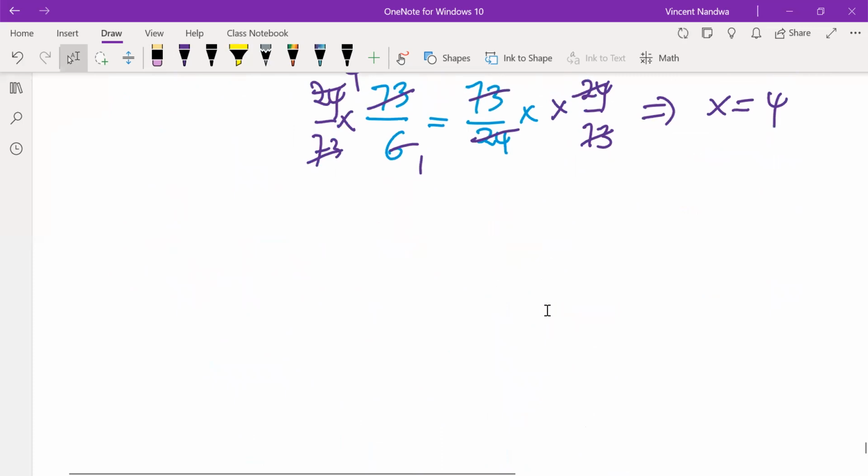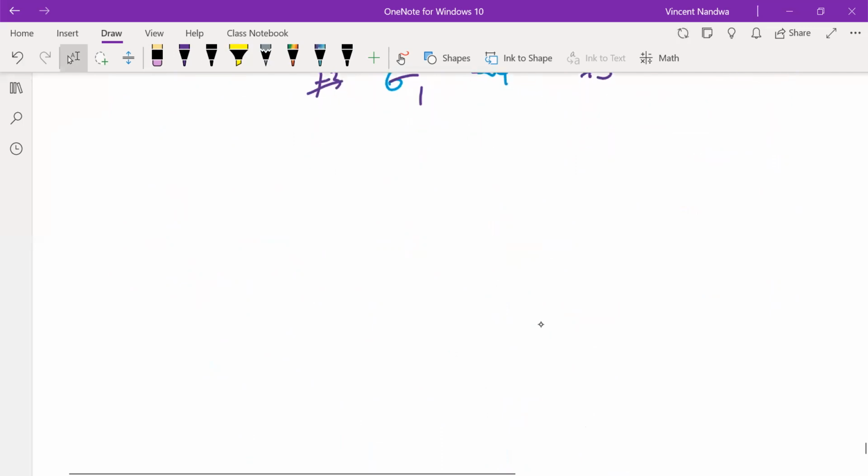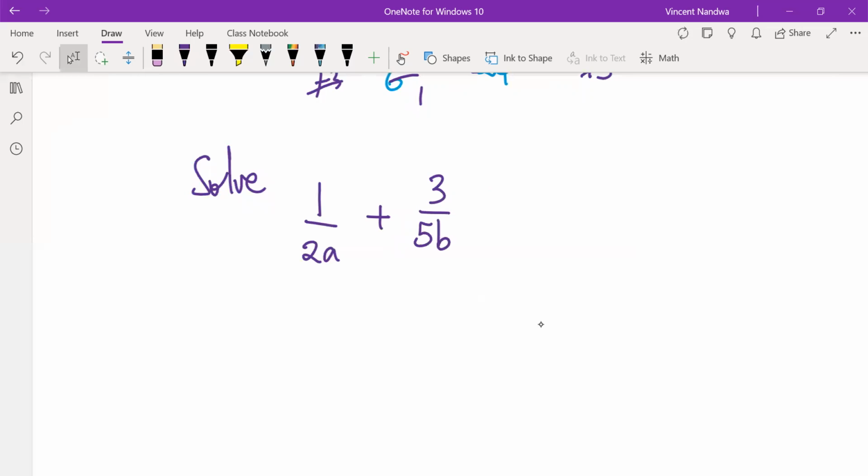Our last example of this: solve 1 over 2a plus 3 over 5b equals 4, and 4 over a plus 1 over 2b equals 10.5.